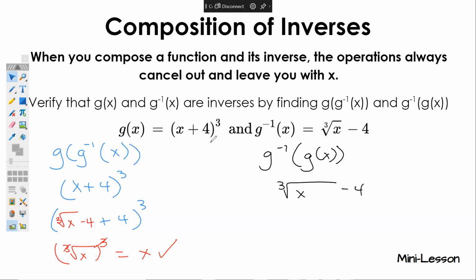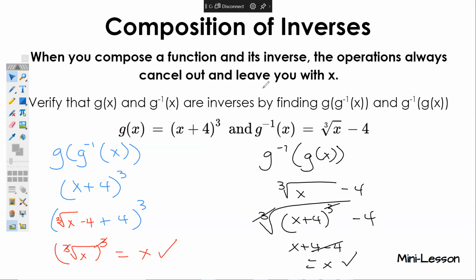And so I'm going to plug in g of x. So x plus 4 cubed, and we're taking the cubic root, and then we're subtracting 4. So the cubic root of something to the third power is going to cancel. I'm going to get x plus 4, and then minus 4. 4 minus 4 is going to cancel. This gives me x. So again, this also works.